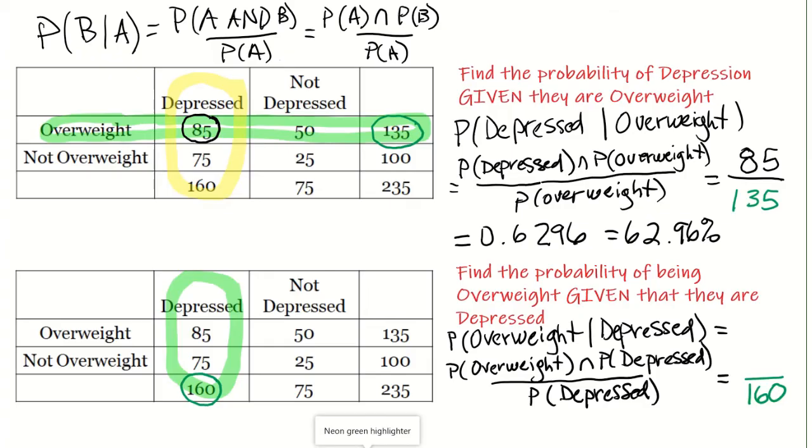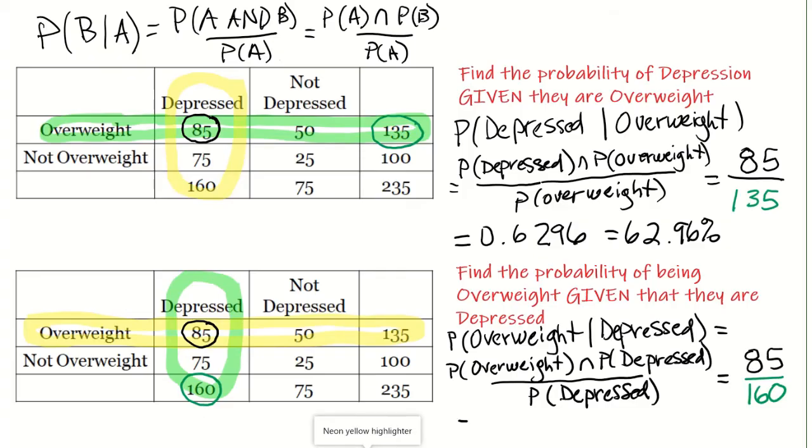Now I'm going to look for the overweight participants, and I'm going to be looking for that intersection. The intersection where the two colors cross, once again, it's going to be 85. So that's going to be my numerator.